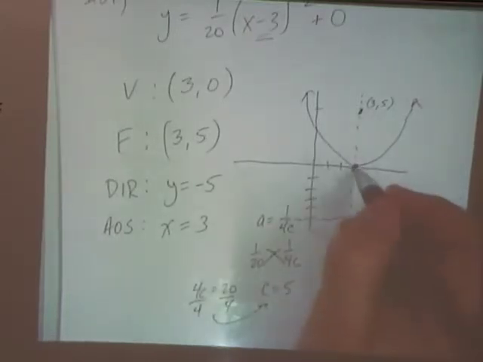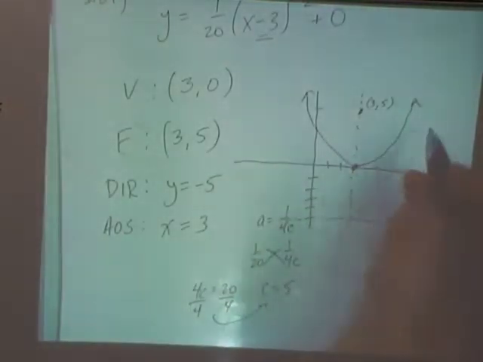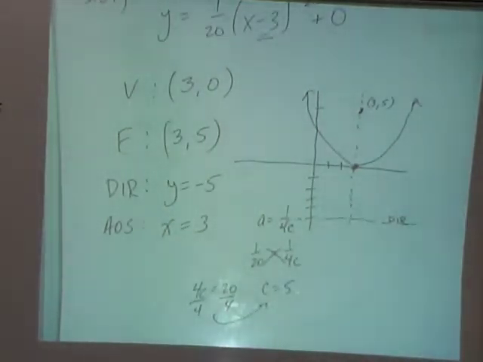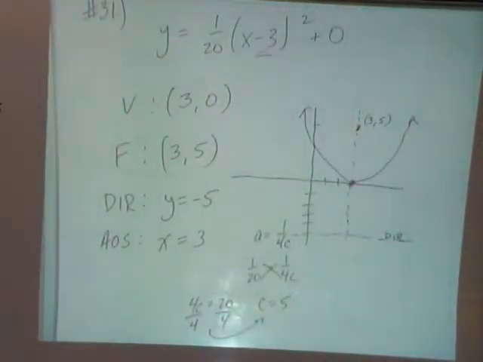This is actually a really wide one. If you wanted it, you make x equal to 0 and find the y-intercept. Yeah, it'd be 9/20ths. All right, 32.